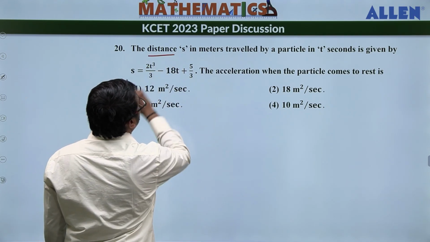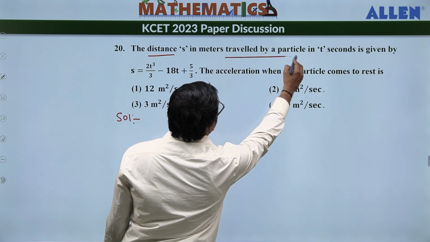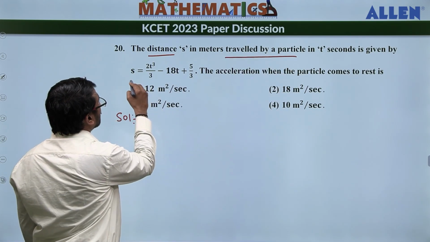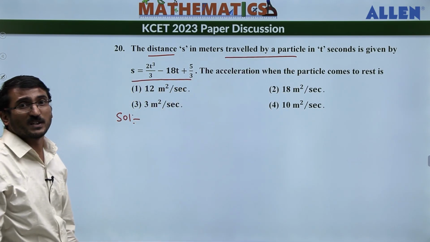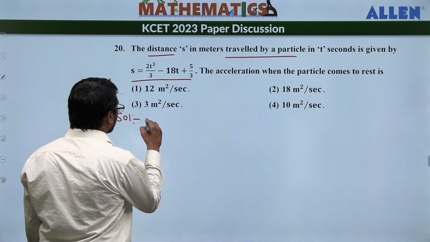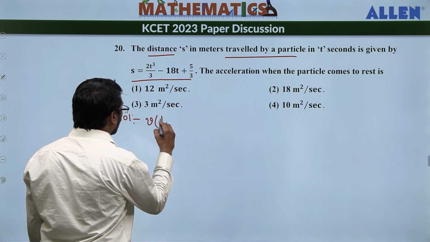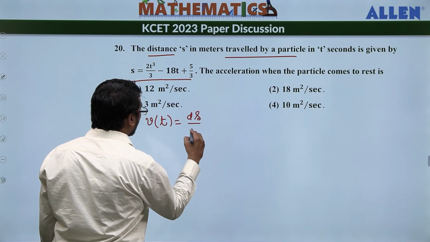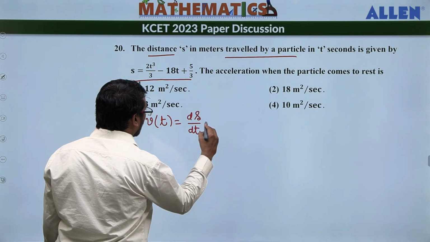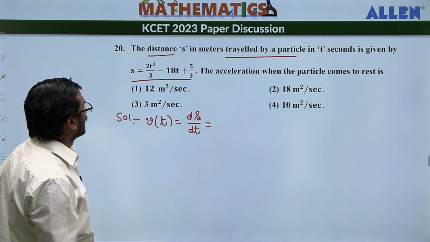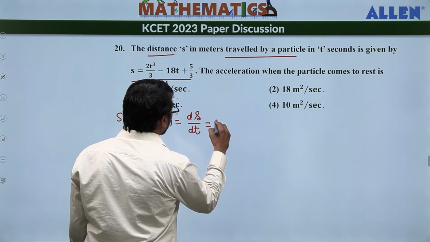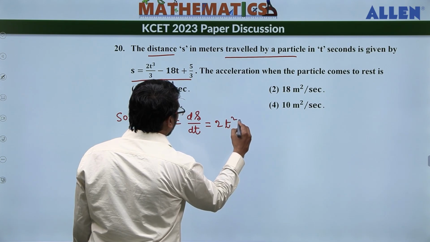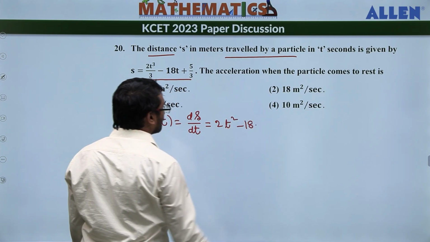Distance travelled by a particle is this one. So, what is the velocity? T square minus 18.